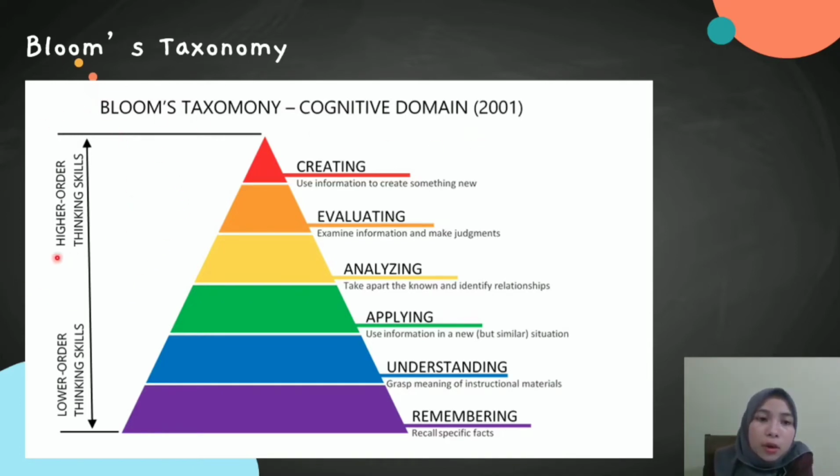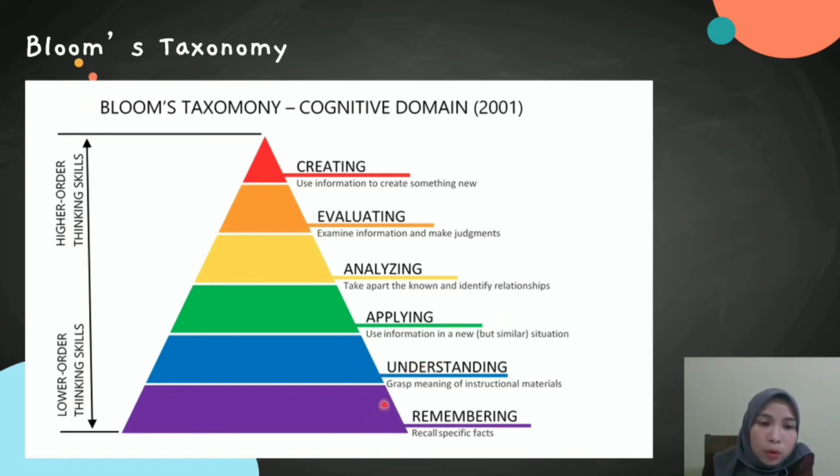Higher order thinking skill, or HOTS, is the ability to apply knowledge, skills and values in reasoning and reflecting to solve problems, make decisions, innovate and create something. Higher order thinking skill includes critical thinking, creative thinking, reasoning, and thinking strategy. As we can see here, from the bottom is the lower order thinking skill and the top is higher order thinking skill.